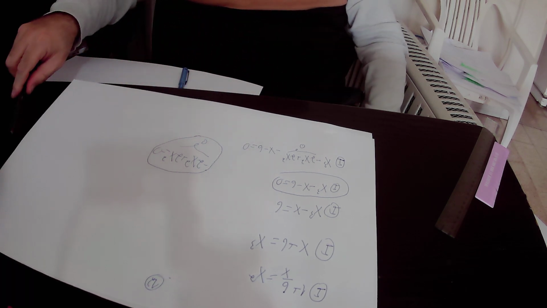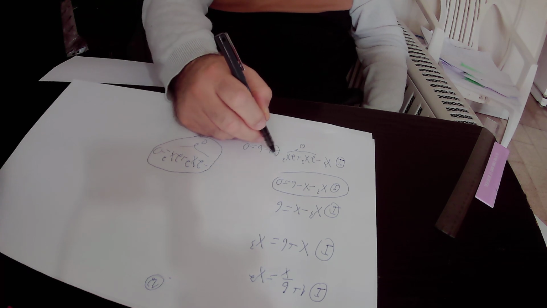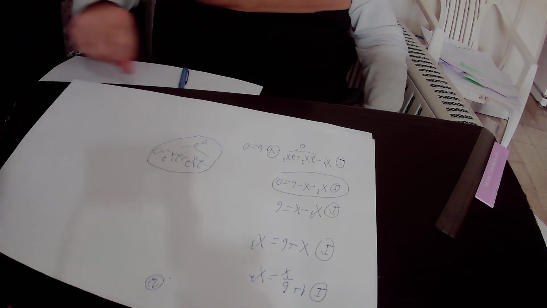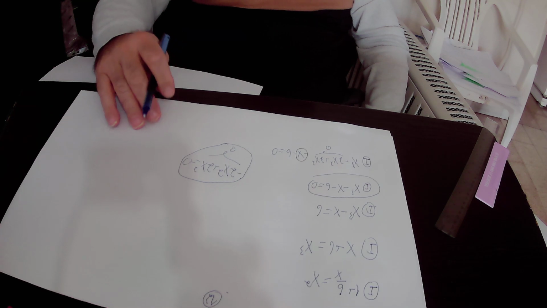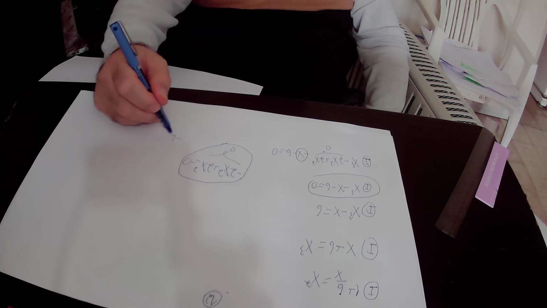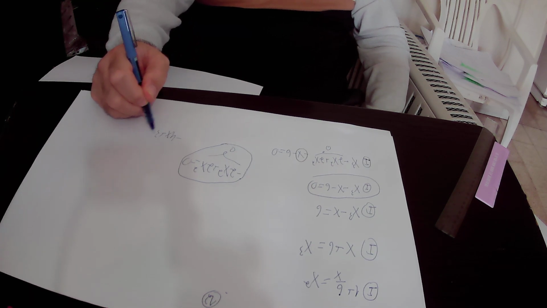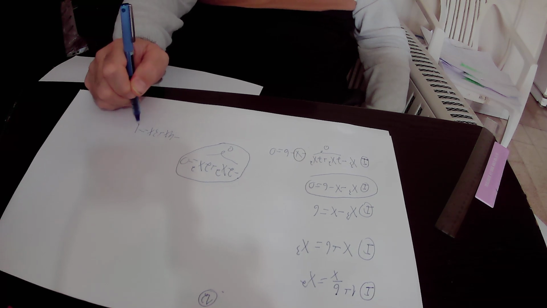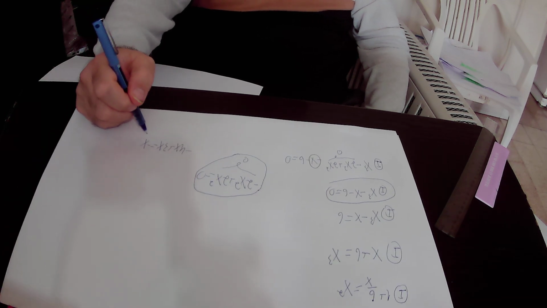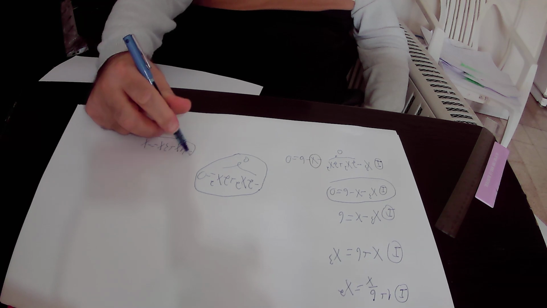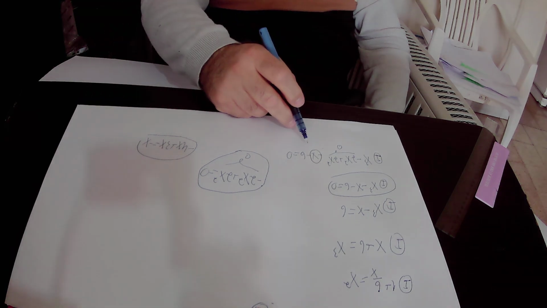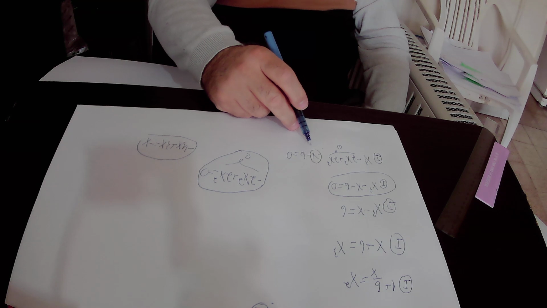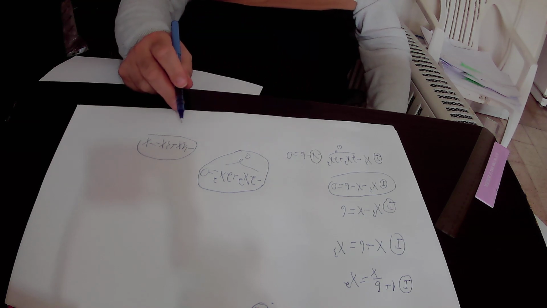So here we will substitute this minus x by minus 4x plus 3x, which equals minus x. Therefore we can substitute minus x in this equation number 1 by minus 4x plus 3x.